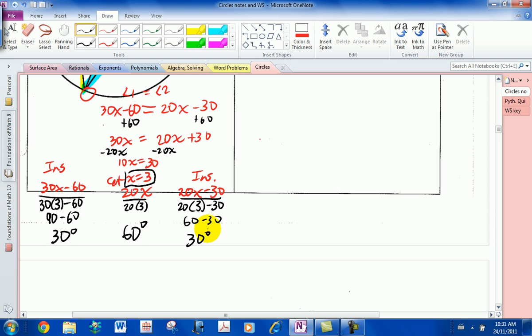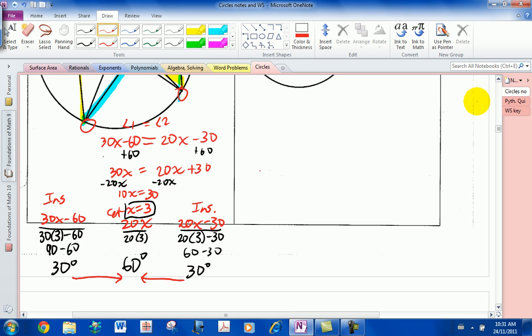Interesting. 30 degrees, 60 degrees, 30 degrees. Interesting. So, look at the numbers. When we go from an inscribed angle to a central angle, what do we have to do? Going from inscribed to a central, from 30 to 60, what would you do?